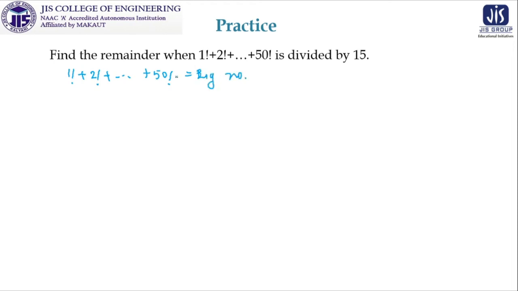Not only that, it is not possible for you to find out what the number is by manual calculation. And the question is, if you divide this number by 15, what remainder are you going to get?